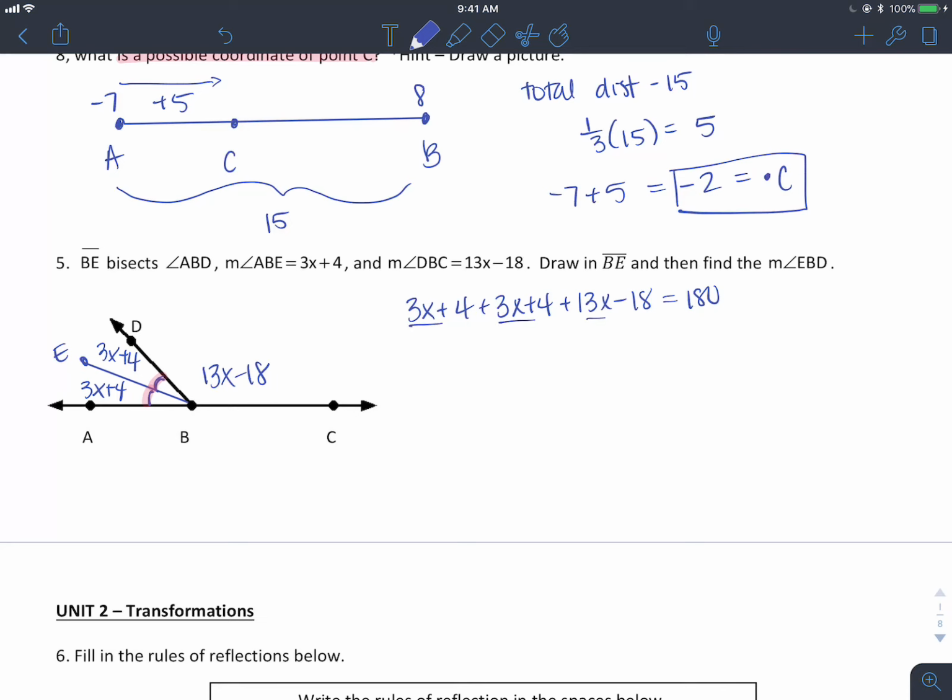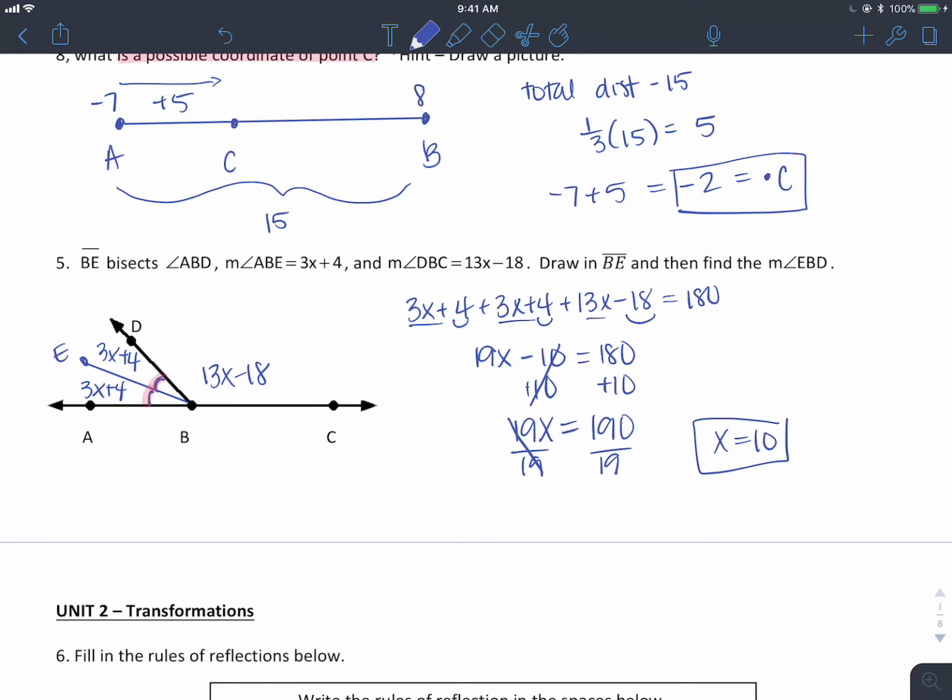So 3, 3, and 13 is going to give us 19x, and 4, 4, and minus 18 is going to give us minus 10, equals 180. Add 10 to both sides. So 19x equals 190. Divide by 19 on both sides, and x equals 10.